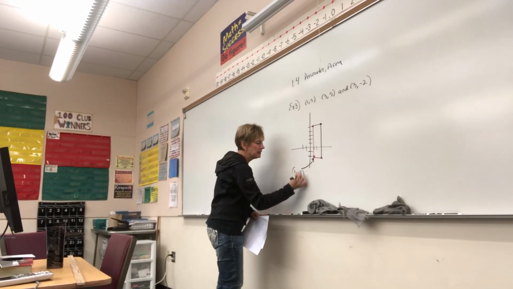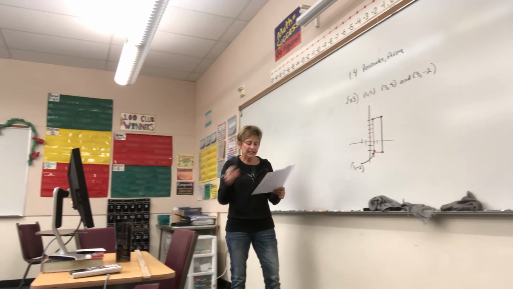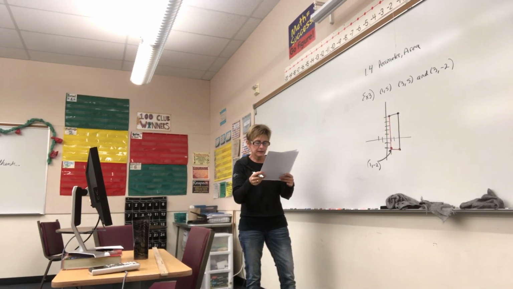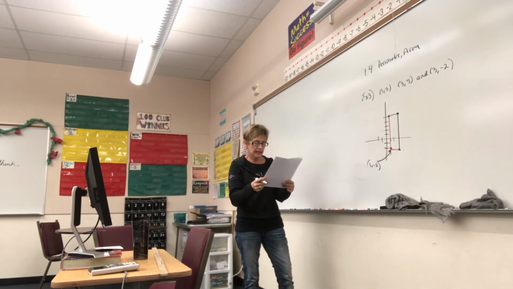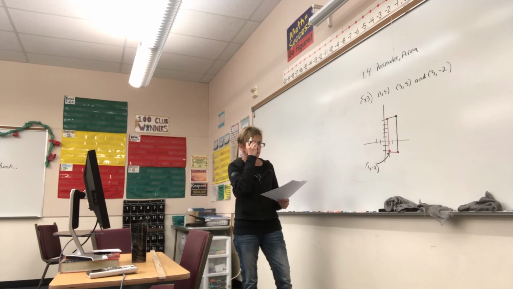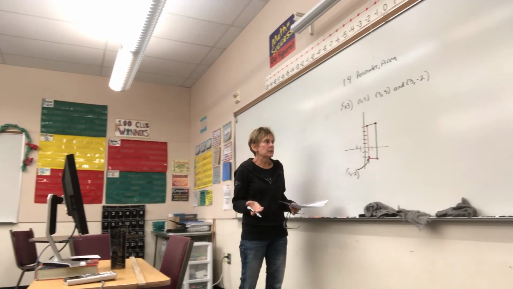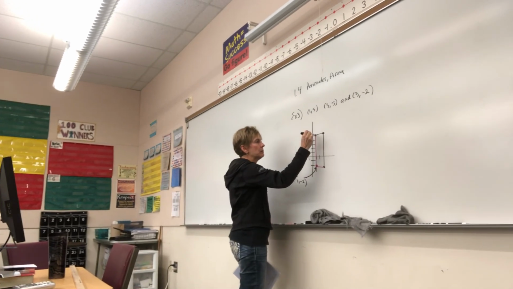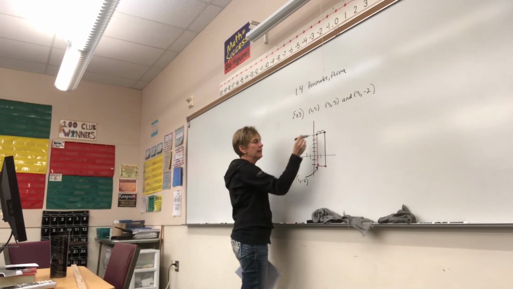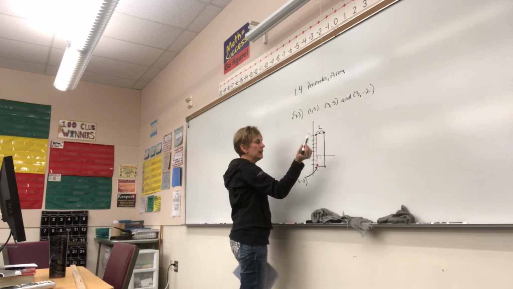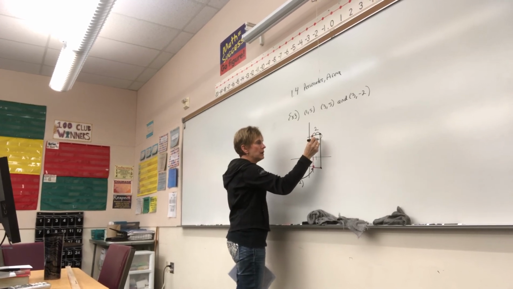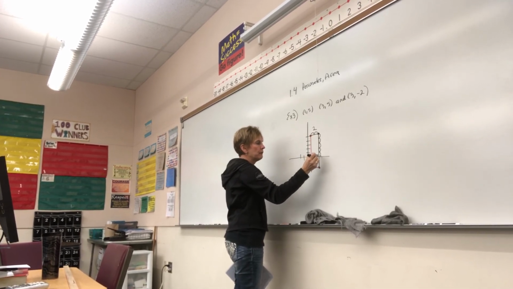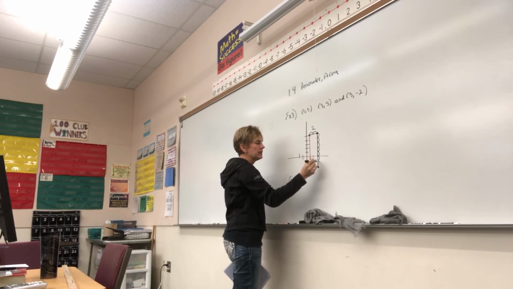So the remaining vertex is at (1, -2). Now, when it asks for the perimeter, I'm going to be honest with you, you don't really need to use the distance formula here. You can count using the grid. The side length here is 2, and the side length here is 1, 2, 3, 4, 5, and then 2 more, 6, 7.